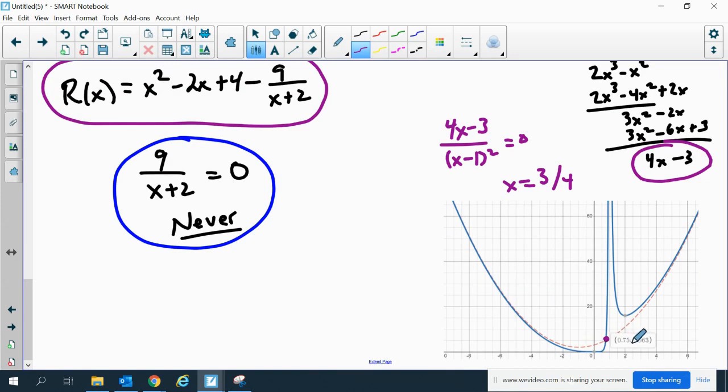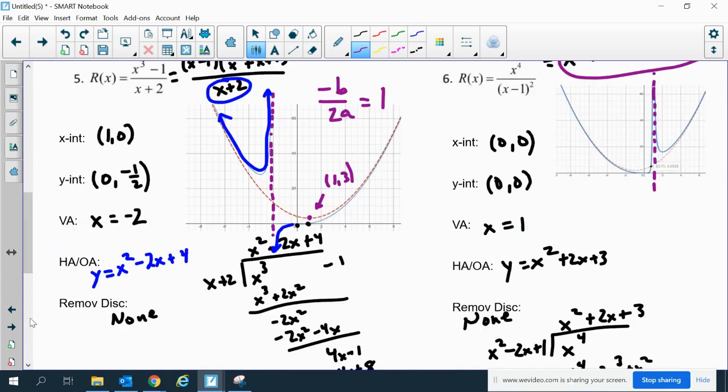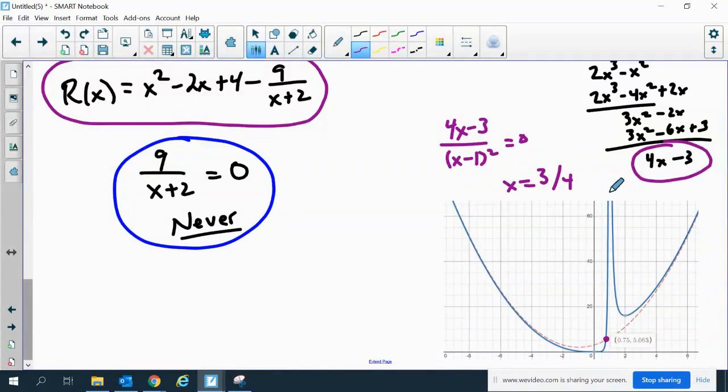See how 3/4 as an x value is where it crosses the asymptote. Also, there's a vertical asymptote at 1. So because there's a vertical asymptote only at 1, I can kind of look at the graph as looking something like this.